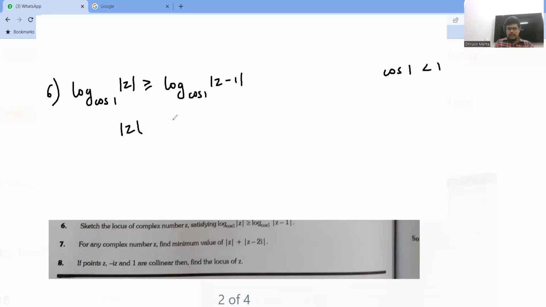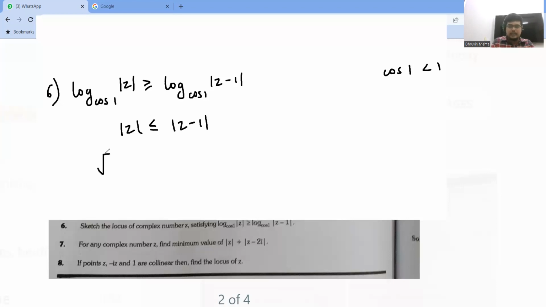I'll write mod z, I'll write mod z minus 1 over here. But because they are negative numbers, there was a rule in inequality: when a negative number is multiplied on both sides, the sign reverses. So because on left and right both are negative numbers, to remove that negative sign, I'll have to divide by minus 1, so it will flip. Greater than will become less than. And now you solve this normally.